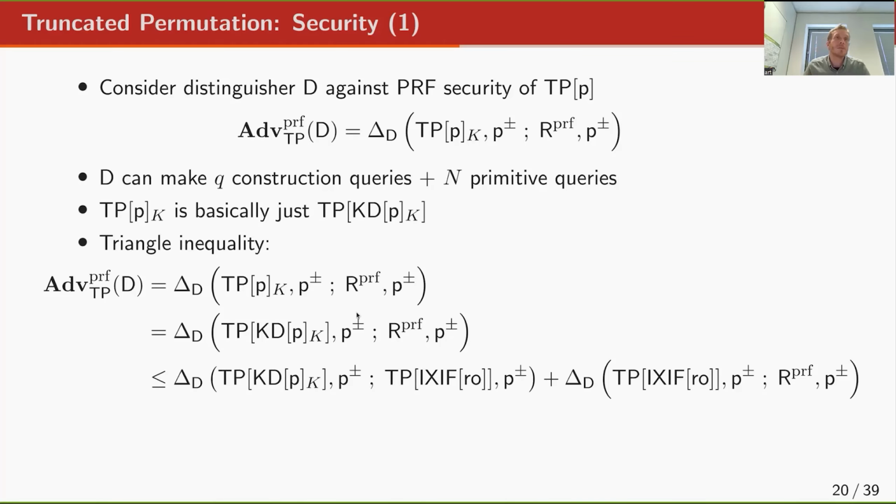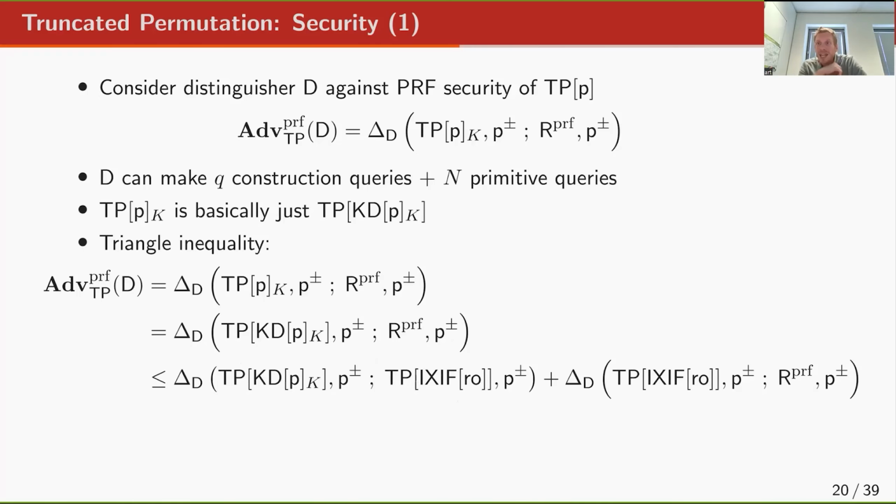So now by a simple triangle inequality, the PRF security of the truncated permutation from random is nothing else than the second equation. We take the truncated permutation on top of the key duplex, the distance from this one to the truncated permutation on top of this ideal duplex, and then the distance from this ideal duplex to random.